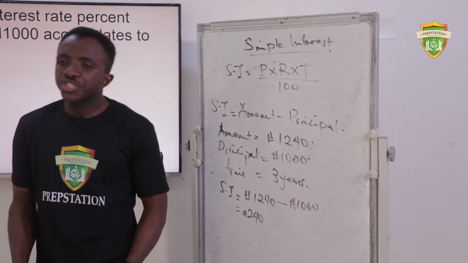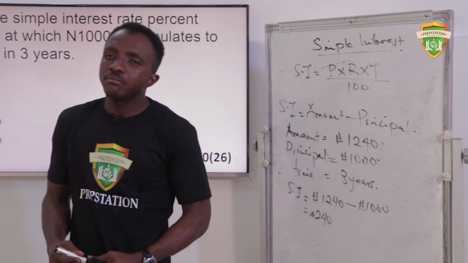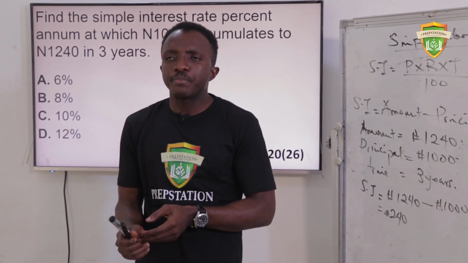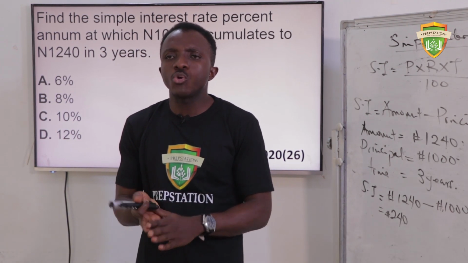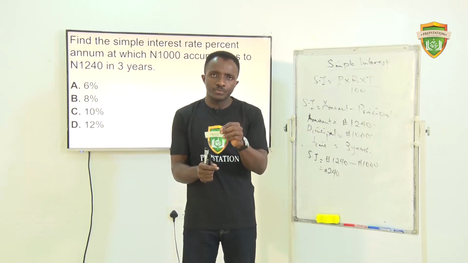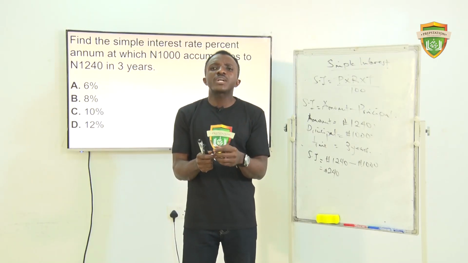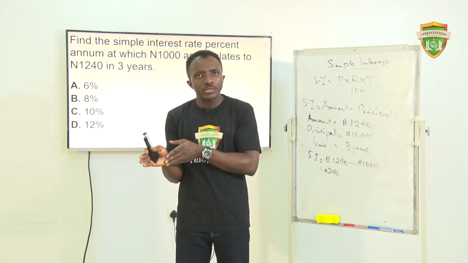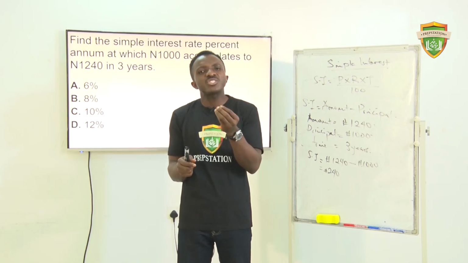Good. When I started my class, I gave you tips on how to prepare very well for this exam, especially when you go into the exam. It is very important to note that for things you can do without a calculator, please do. Don't always make reference to the calculator. The reason is this, you have just a short time.